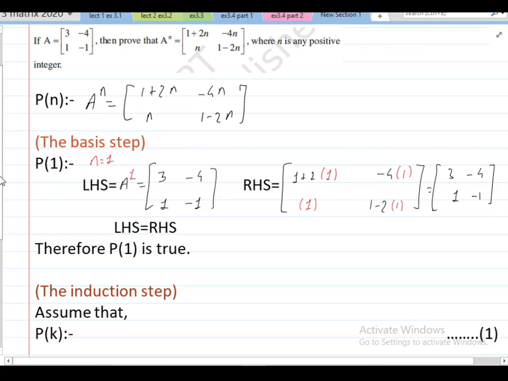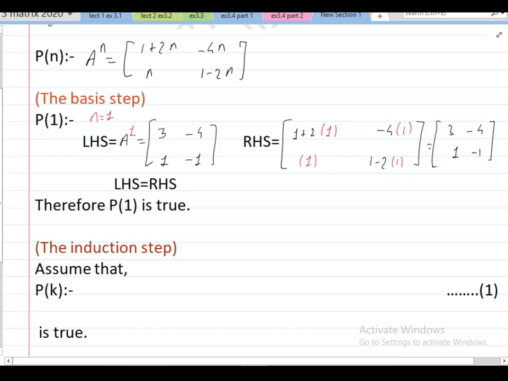Okay, now let's move to P(k). We just have to put n equal to k.